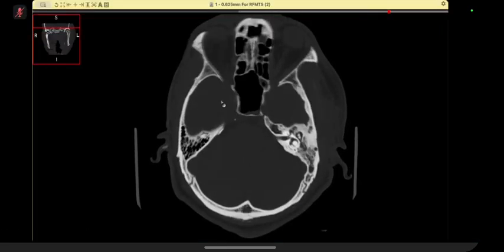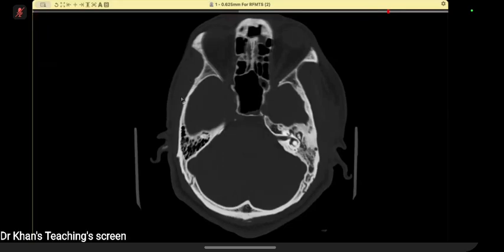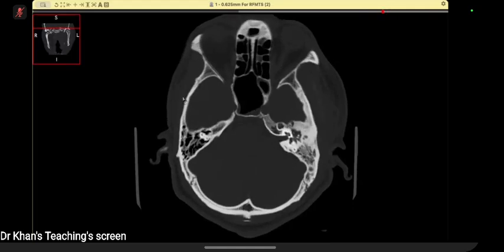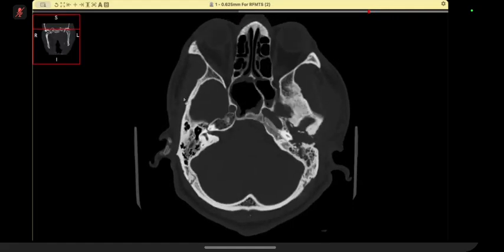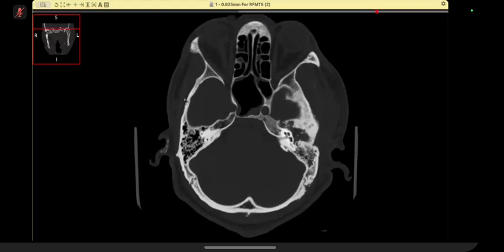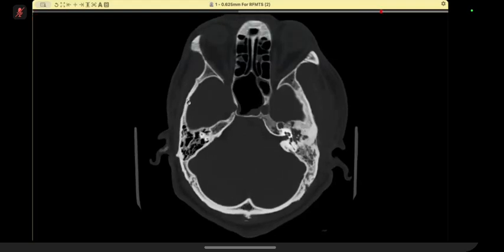Now, what we see is that the candidate did very well, even on the bone window. This is what the exam is about: keep your mind open, and then you can ask for a soft tissue window. The candidate did very well when she said, I would like to see a soft tissue window.